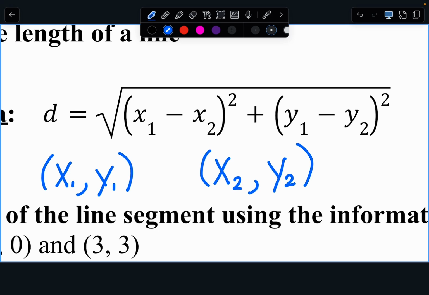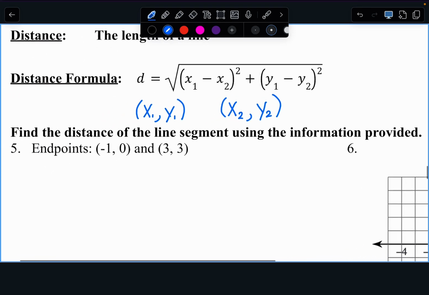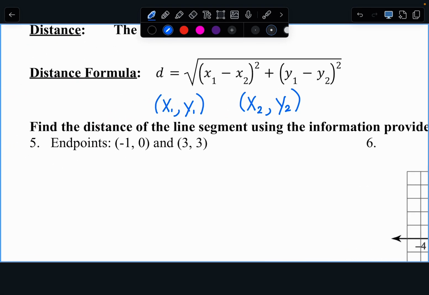Okay, so what we're going to do is use that formula to find the distance between 2 points. If I'm given endpoints of (-1, 0) and (3, 3), this is x1, y1, and x2, y2.